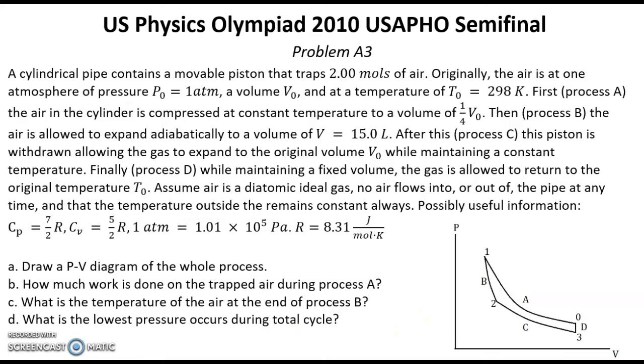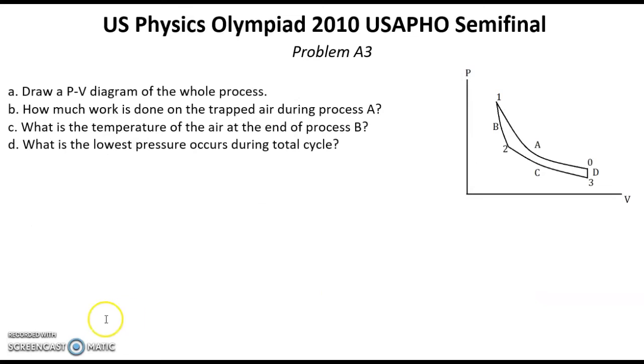That's the answer for question A. Question B. How much work is done on the trapped air during process A? During process A we have isothermal compression, and an isotherm is a hyperbola, so we need to find the area under this hyperbola, and for that we just need to integrate.